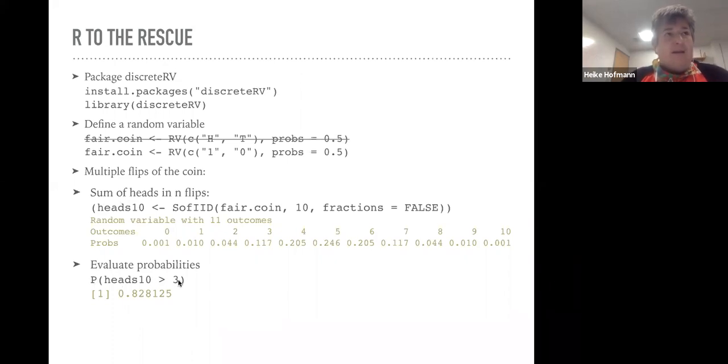So that would mean at least 4 heads, that we've seen at least 4 heads in 10 flips of a fair coin. And we're adding up the probabilities from 4 to 10. And we come out with the probability to see at least 4 or more heads among 10 coin flips is 82%, 83%.